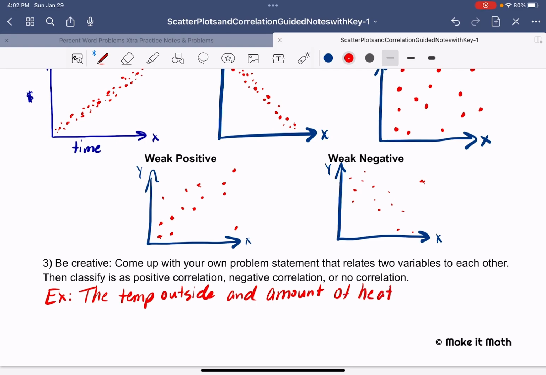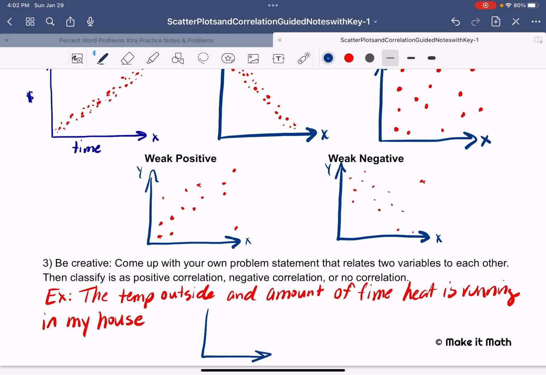I just want to give you an example. So if you need to draw it, please draw it. But I might think it's something like this.